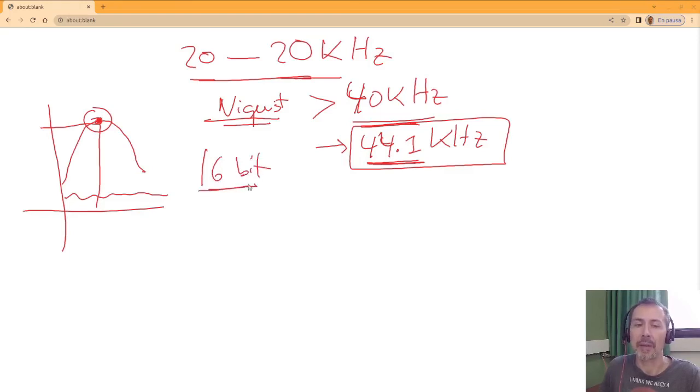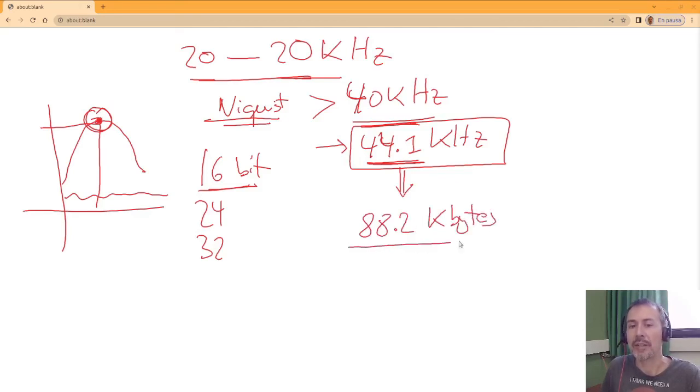Usually we use 24 or 32 bits to store a single sample. So for 1 second of sound, we will need to spend 88.2 kilobytes just for 1 second.